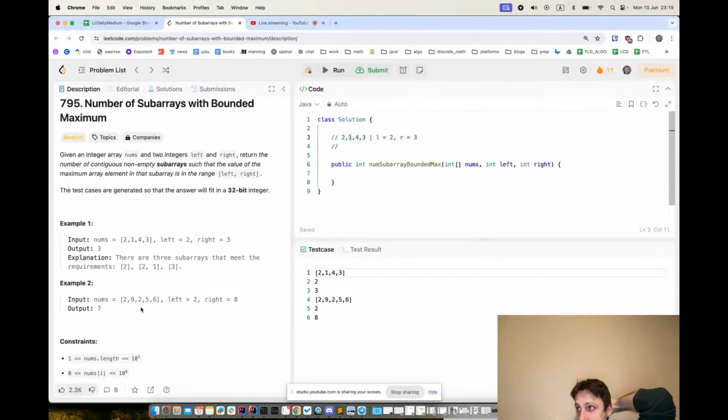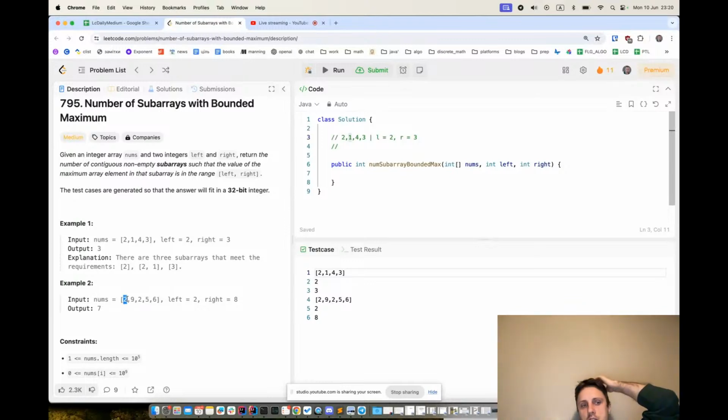So what can we do here? We can iterate over our array and find. It's not an ordered array, okay.